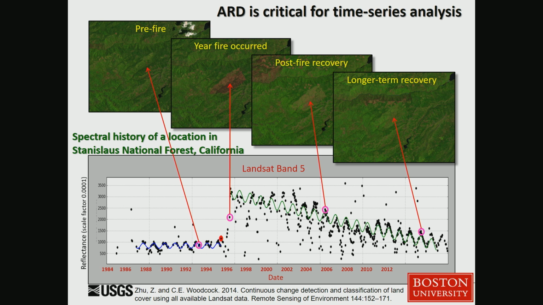This graphic shows how ARD greatly facilitates modeling of where and when and how landscapes are changing. This kind of modeling can occur for every pixel over all spectral bands using what we call continuous change detection and classification methodology. The journal citation is there at the bottom.